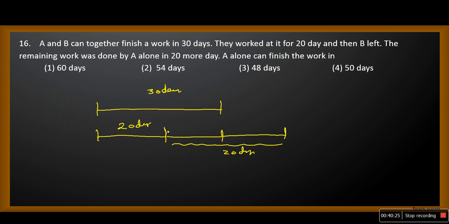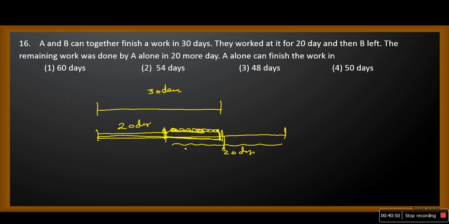But actually, this extra work which B has to do is compensated by A. Or you can do it like this: A worked for 40 days and B worked for 20 days in the first framing. So how many days of B's work is left over? 10 days of work is left over.